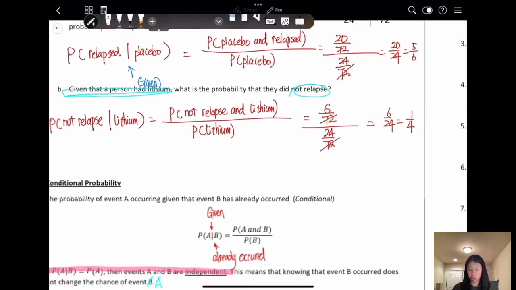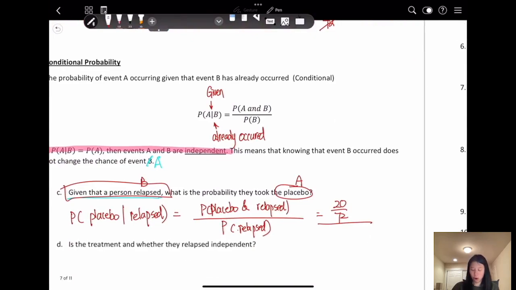So that means the people who relapse, there are 48 people relapse over 72. So now let's simplify it. We have 20 over 48, and simplify it by dividing by 4, we have 5 over 12.